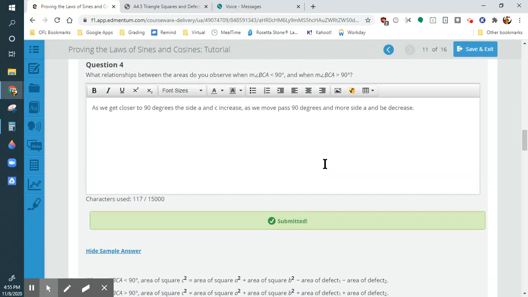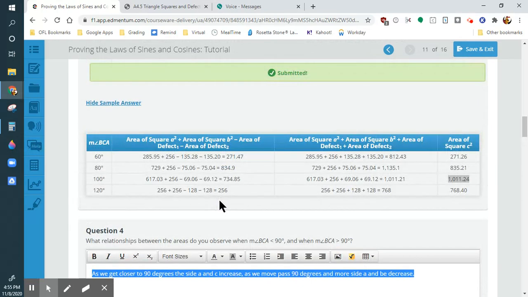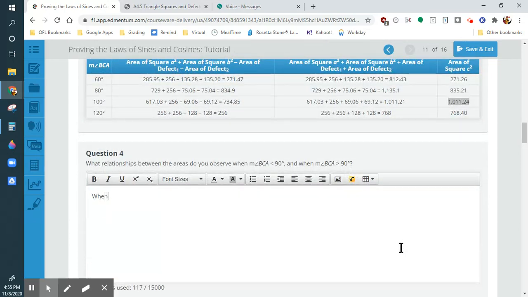So what it's really saying is, I would actually copy and paste part of this. When it is less than 90 degrees, c squared equals, I'm just going to copy this.